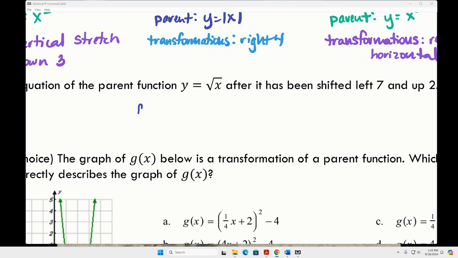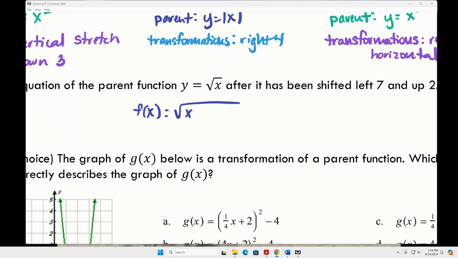So I'm going to call this f of x. We can call it whatever we want to, but I'm going to call it f. If the parent function is the square root of x, we do have to have the square root of x in our new equation, but we're going to do some stuff to it. So if I want to go left 7, what do I do with 7 and where?